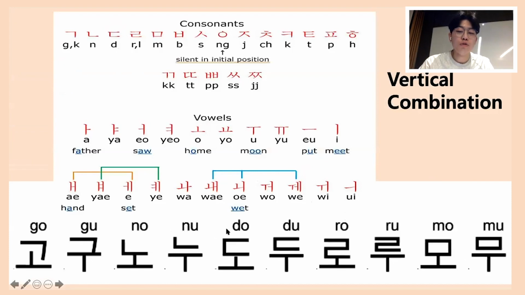If you want the do sound, there'll be D sound and the U sound together. That's do. Another example would be this one, no. So you got the na sound here, the second consonant, and the O sound together. That's N-O, no.